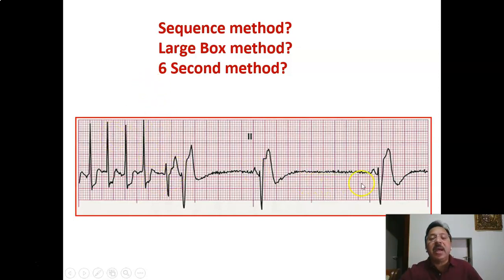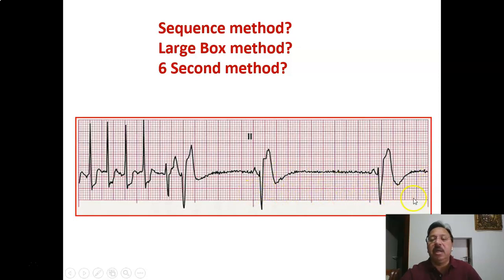But if you look at the second half, it's slow here, and it's slightly irregular also. So it's difficult to apply the sequence method or large box method. So let's apply the 6 second method. If we start from here onwards, 6 seconds means 30 big boxes, but how many do we have? 1, 2, 3, 4, 5, 6, 7, 8, 9, 10, 11, 12, 13, 14, 15.